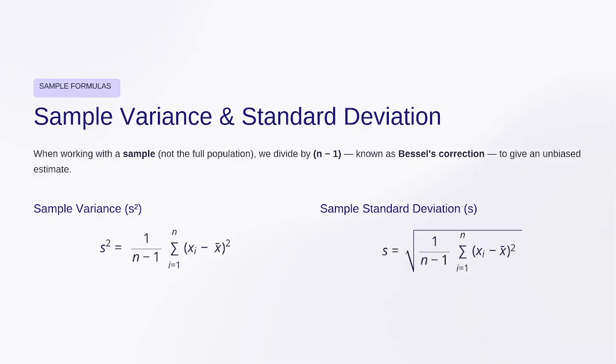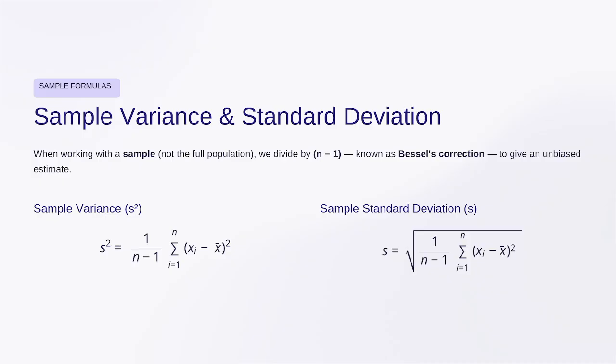Now sample variance and standard deviation. Sometimes we do not have the entire population, we only have a sample. In that case, we use n minus 1 instead of n. This adjustment is called Bessel's correction. Now see, the sample variance is s squared equals 1 by n minus 1, summation i equals 1 to n, that is sample size n, x i minus x bar whole squared.